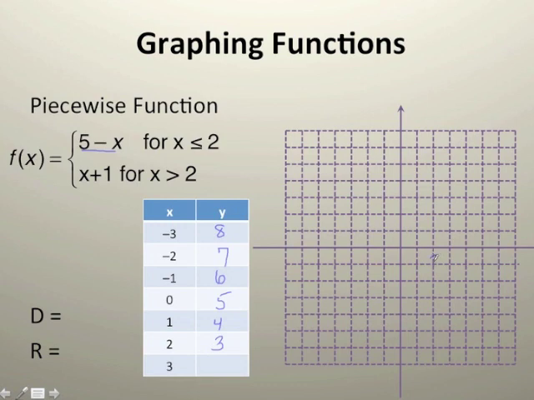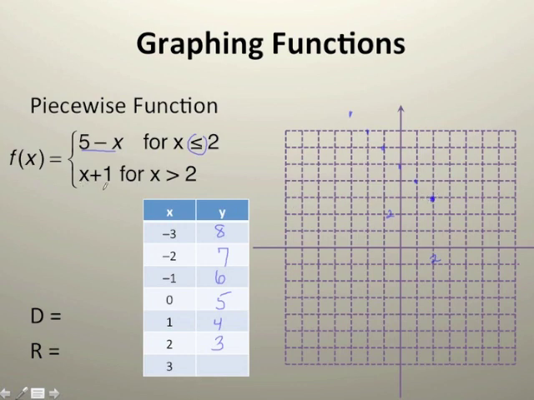Oops, didn't have my axes labeled here. So -3, 8; -2, 7; -1, 6; 0, 5; 1, 4; and 2, 3. Now since this is the or equal, this end at the 3, right there, that's a dot.